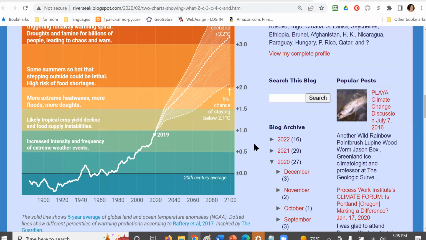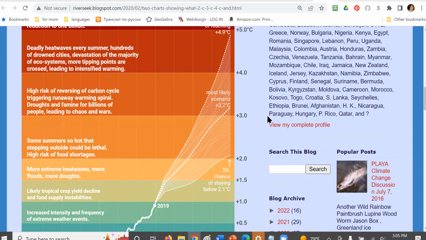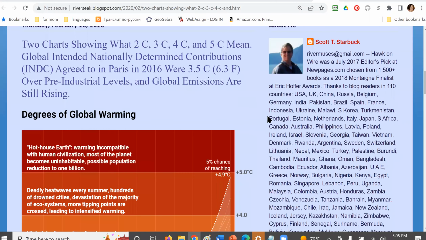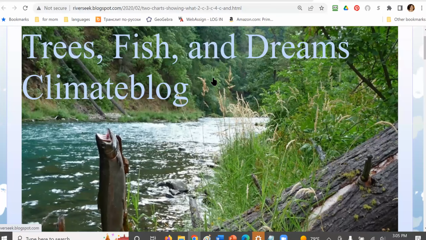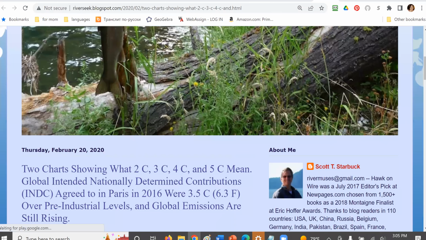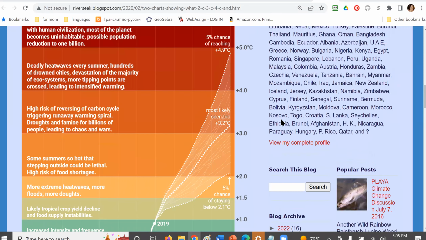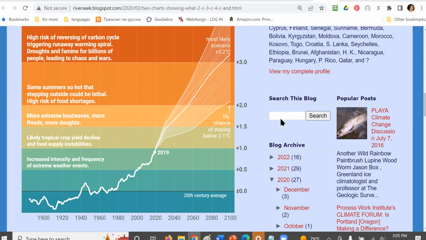So here's another graph. It's similar to what we just saw, same idea. It's from the blog of Professor Scott Starbuck. He's a Mesa professor. Okay, so here we have the same thing. This is the recorded temperature up until 2019. And from this point on, these are the predictions, the inferences, okay?